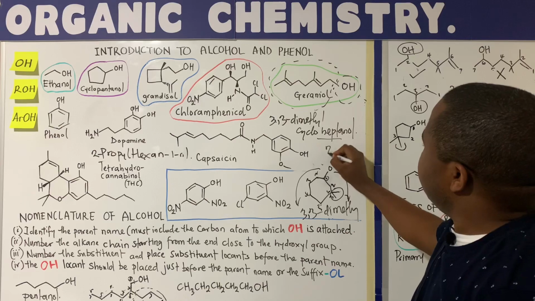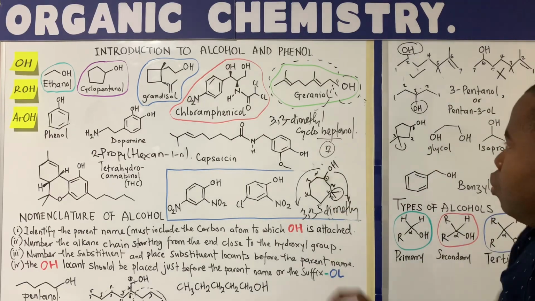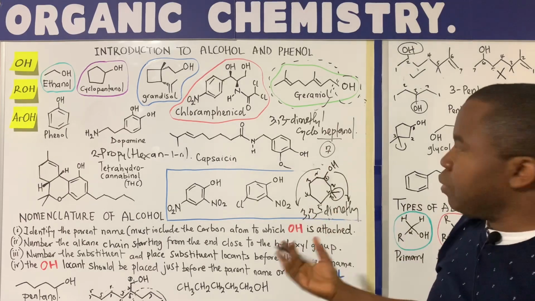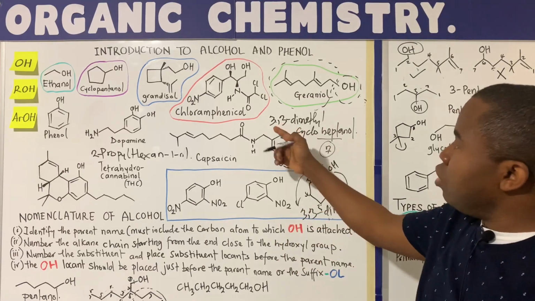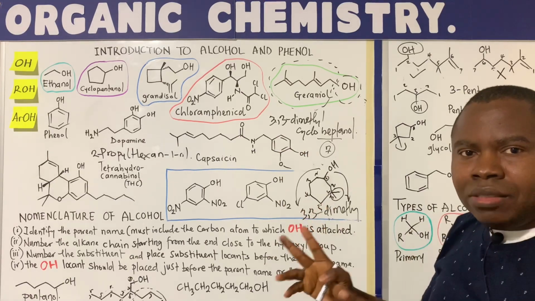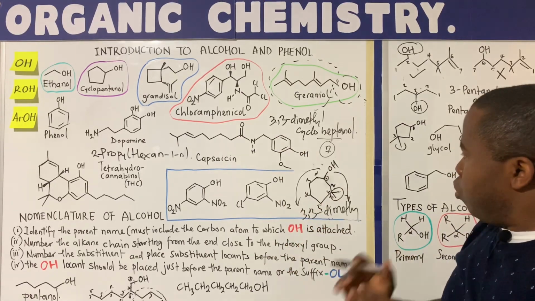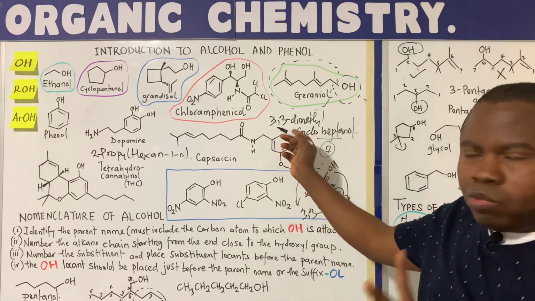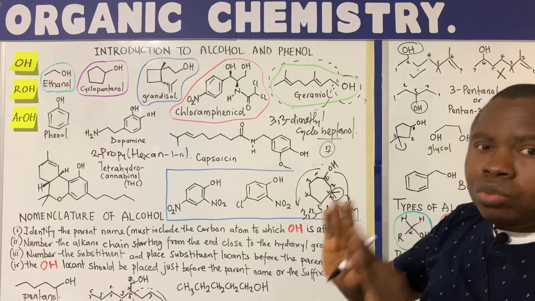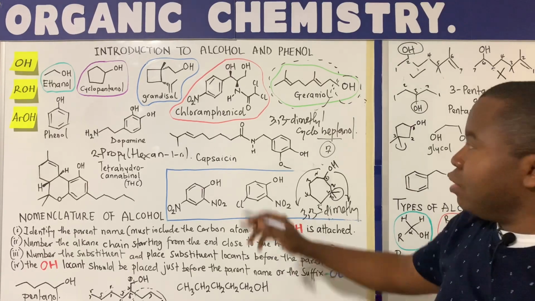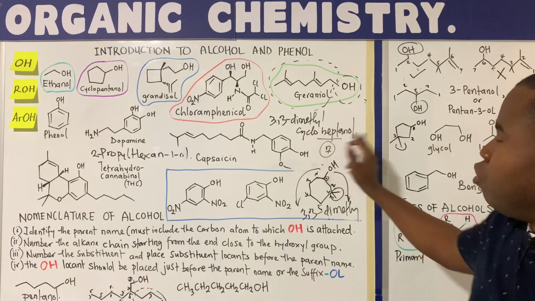Hept because we have 7 carbon atoms. So 3,3-dimethyl, that is, we have a methyl substituent on the 3rd carbon atom, and not just one methyl, we have 2 methyl groups, and they are both on that same carbon, and that's why we have to repeat the 3. We have to say the 3 twice because there are 2 methyl groups on that 1 carbon atom, and that makes it 3,3-dimethylcycloheptanol.